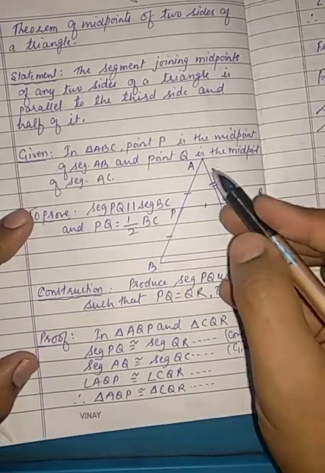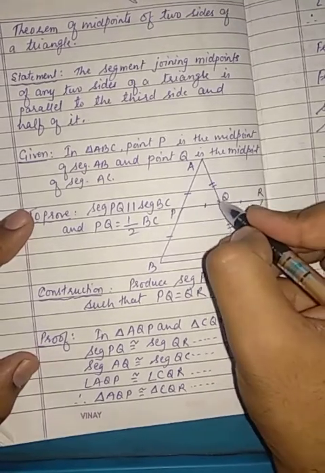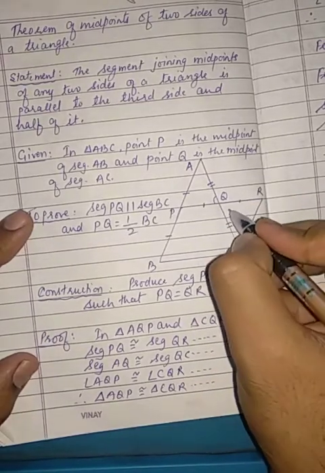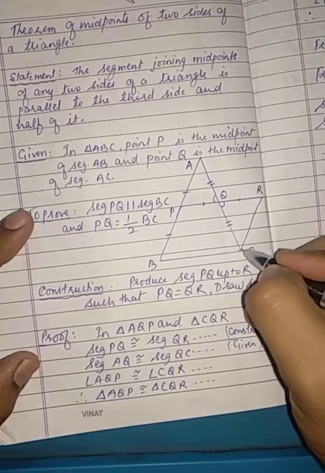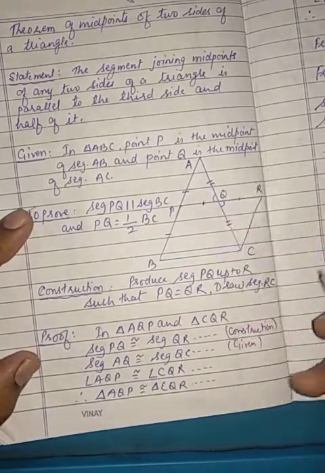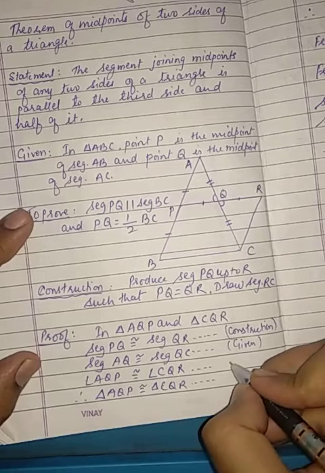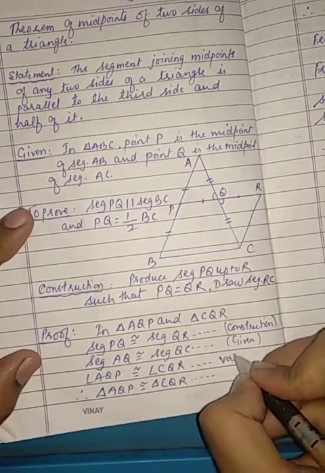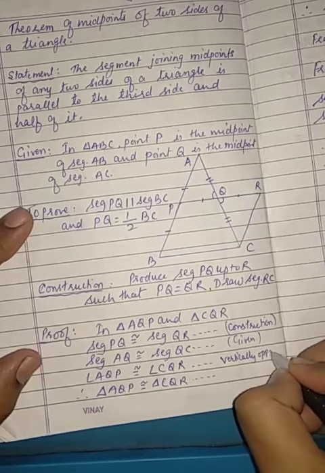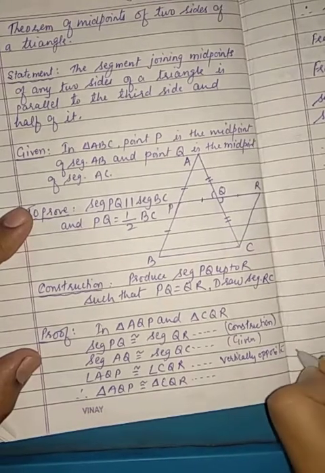Then angle AQP is congruent to angle CQR. What is the reason? They are vertically opposite angles. So you will write here vertically opposite angles.